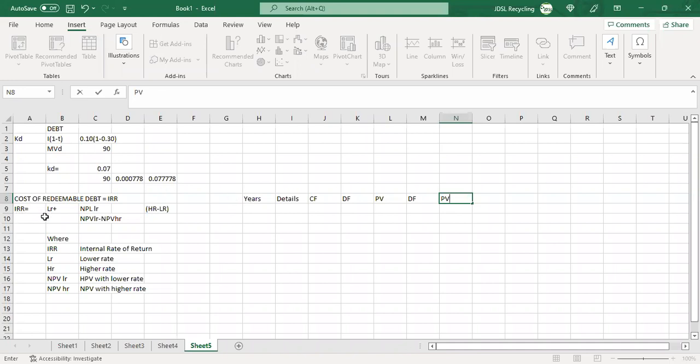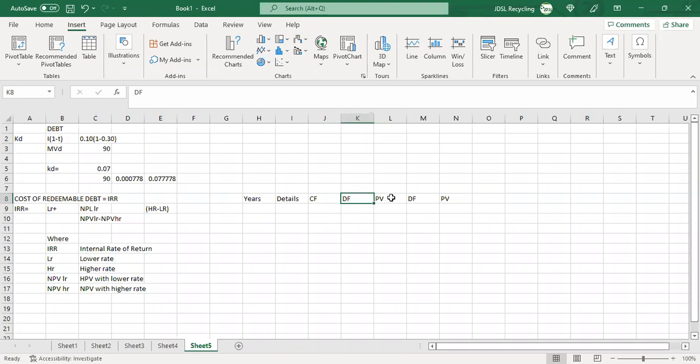Now, let me go back to the formula. The formula states that IRR is equal to LR, and our LR represents the lower rate because we are going to assume two discount factors. One will be higher, another one will be lower.